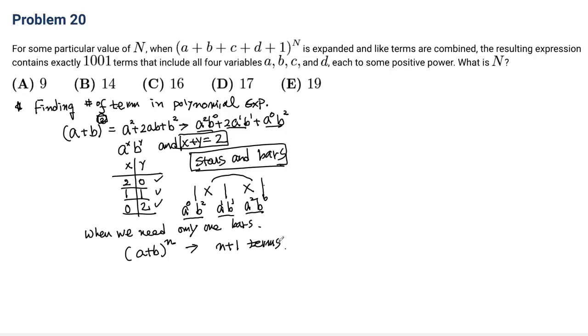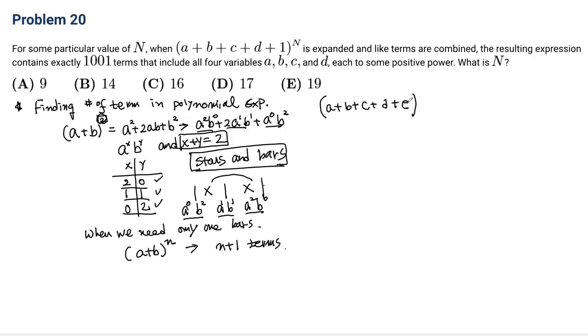But when we have more than one divider, it's not like this one. Suppose I use five terms: a plus b plus c plus d plus e.